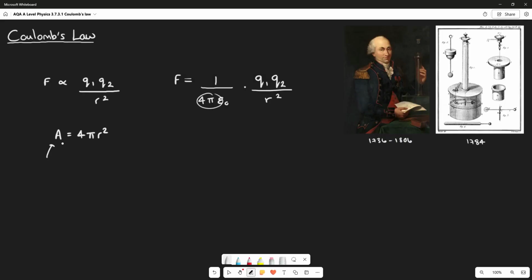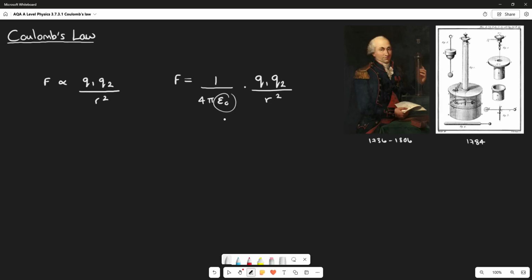This is for the surface area of a sphere, and we know that any point source of anything, if we think of this as a light source maybe, we can measure the energy output as being on the surface of a sphere getting gradually further away. So the r squared and the 4 pi comes from this concept.